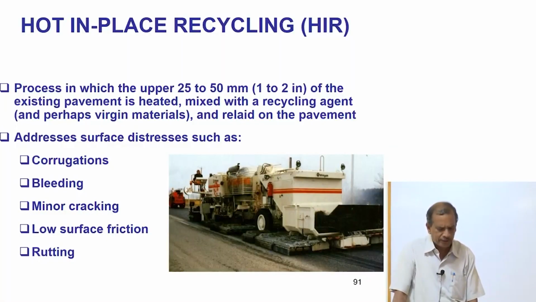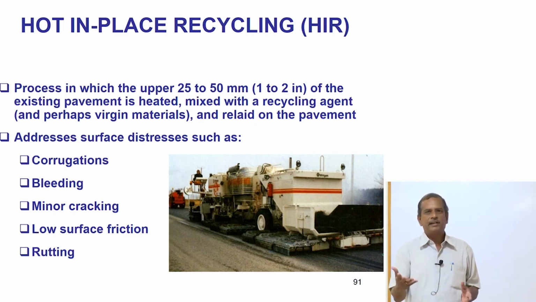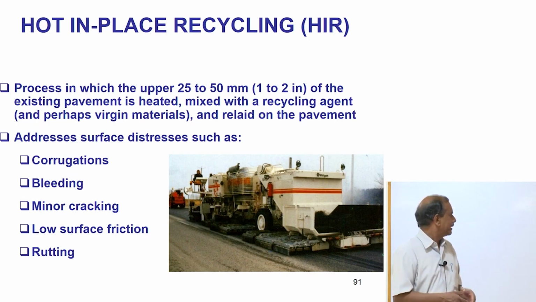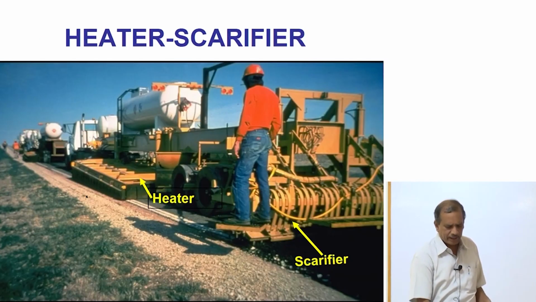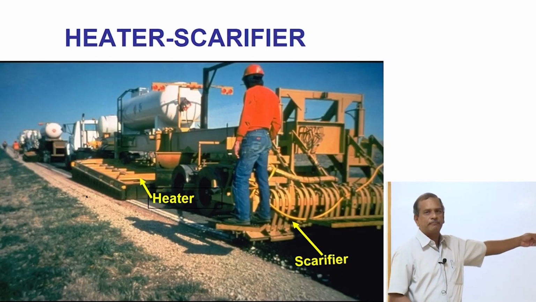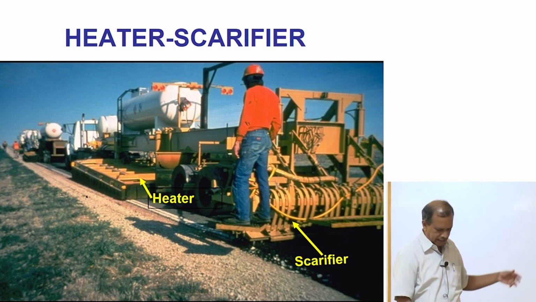The other way by which we can do this is hot in-place recycling. The second technology that we are adopting today is this: when the surface has corrugations, bleeding, minor cracking, low friction, low rutting, I try to heat the layers. I can heat the layers and scarify the material.